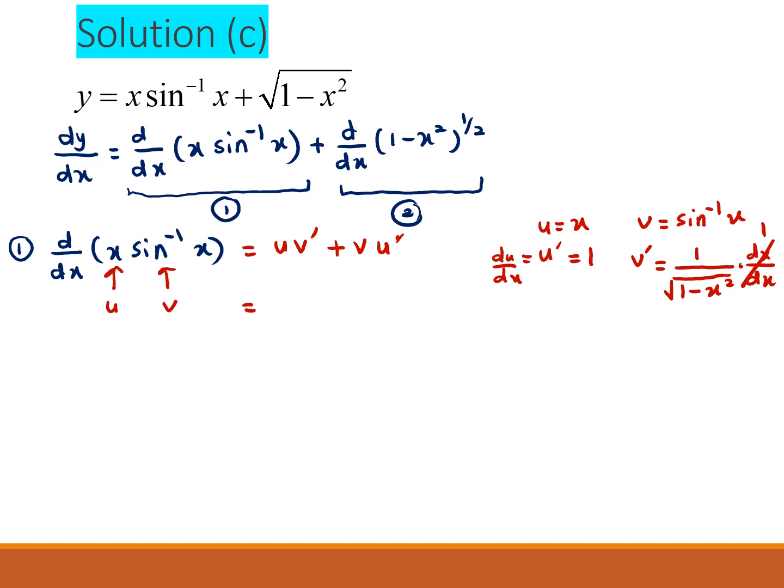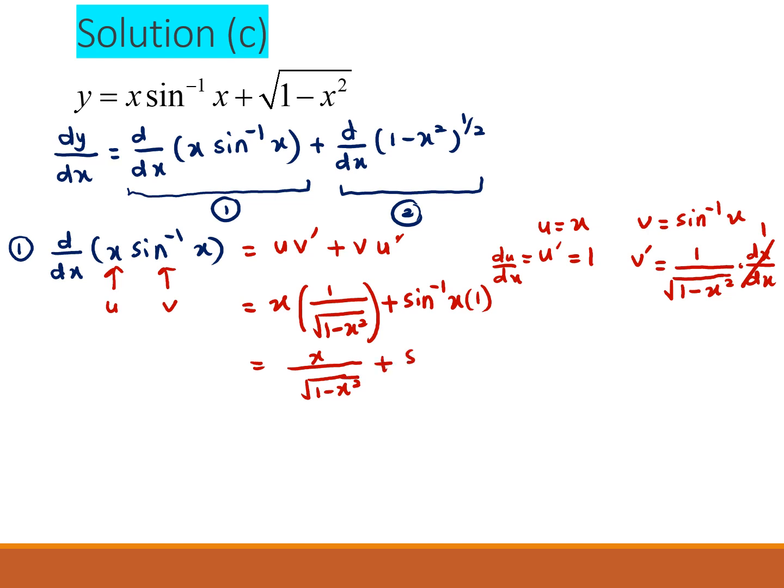Okay, so we substitute into the formula: u is x, v prime is 1 over the square root of 1 minus x squared, plus v, which is inverse sine of x, and u prime is 1. So we have x over the square root of 1 minus x squared plus inverse sine of x.